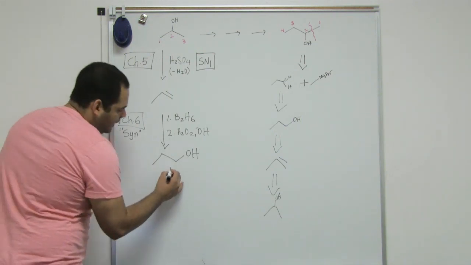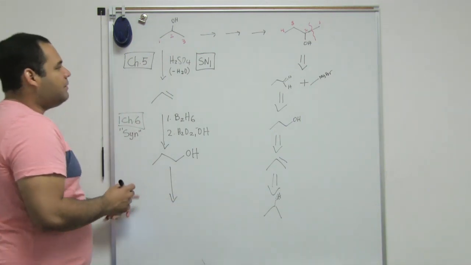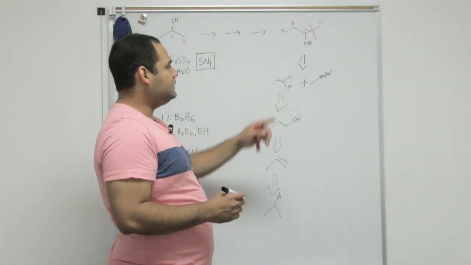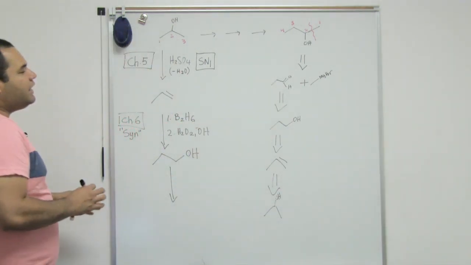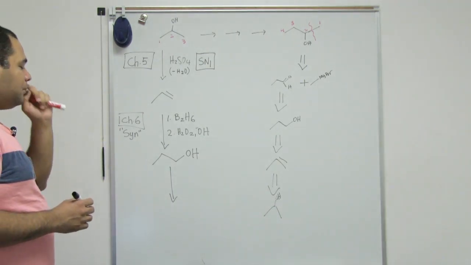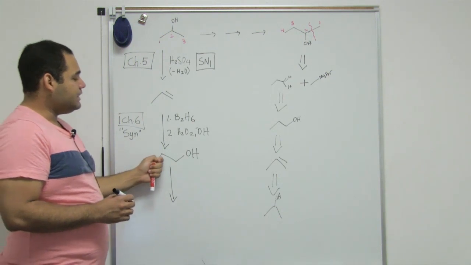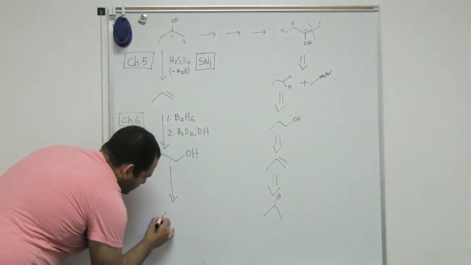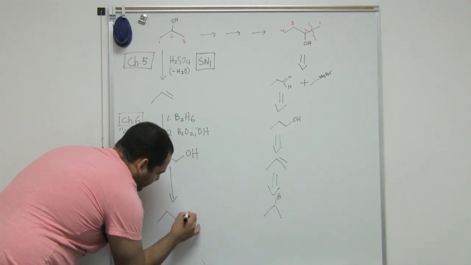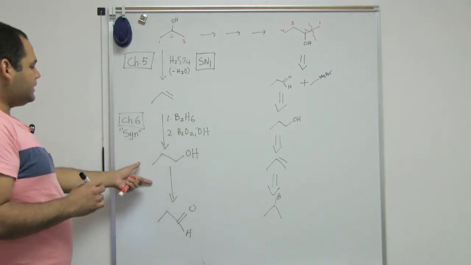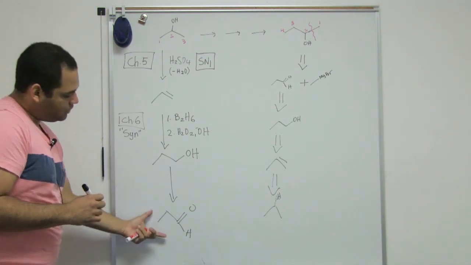Now I'm like, okay, from my primary alcohol, I need to make my aldehyde. Now I start getting into real 352 chemistry, where I can oxidize my primary alcohol into an aldehyde.